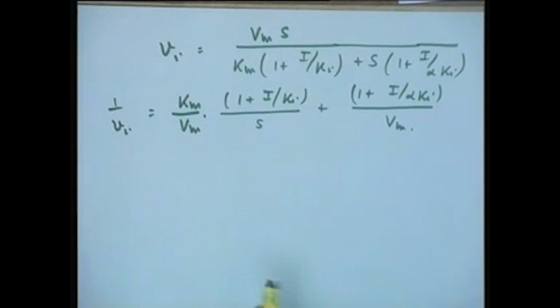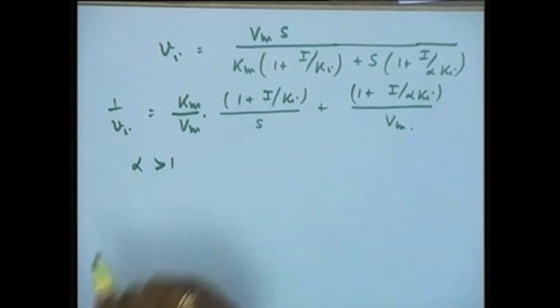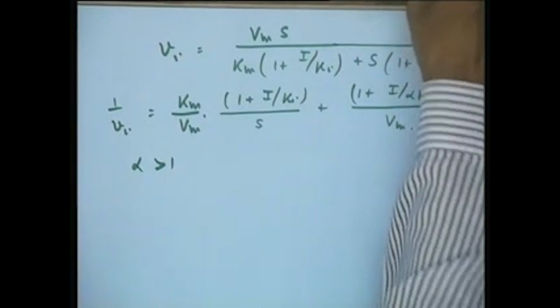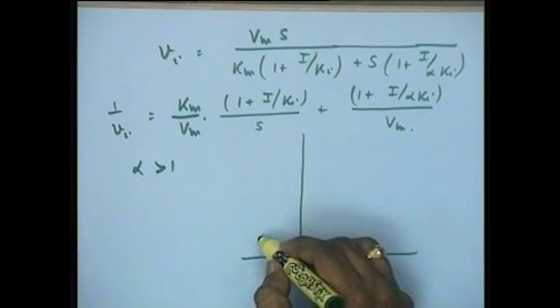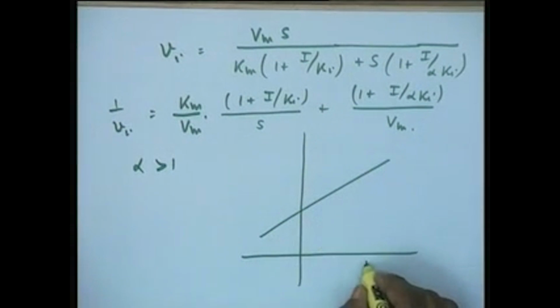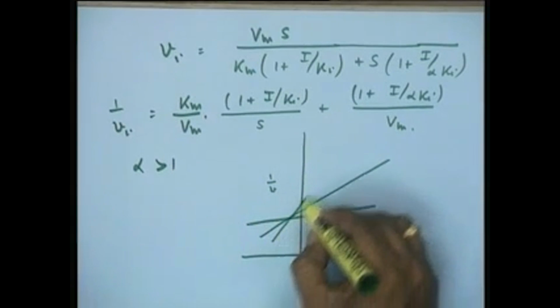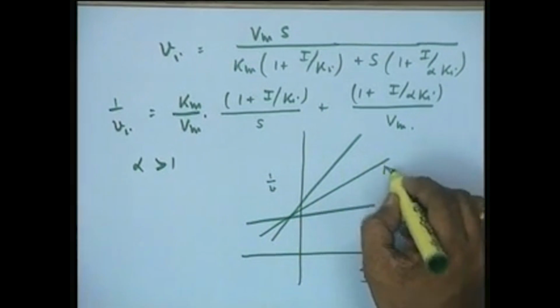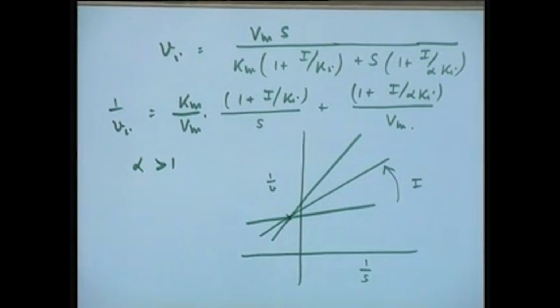And obviously, for cases where alpha is greater than 1, you will get a profile as I showed earlier, that is the double reciprocal plot of 1 upon S versus 1 upon V at different inhibitor concentrations will intersect at a point on the left hand side of the y axis.